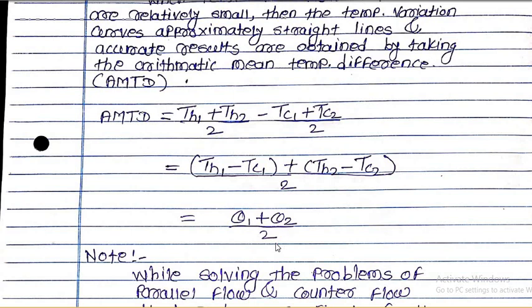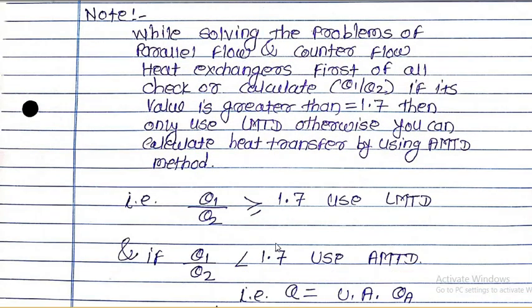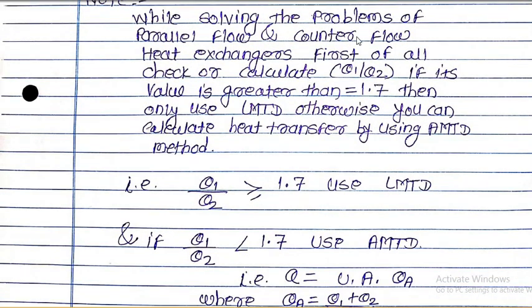The question in mind is when we should use the AMTD, the arithmetic mean temperature difference, and when we should use the logarithmic mean temperature difference. For that purpose this note is very useful. While solving problems of parallel flow and counter flow heat exchangers, first of all calculate theta 1 divided by theta 2.